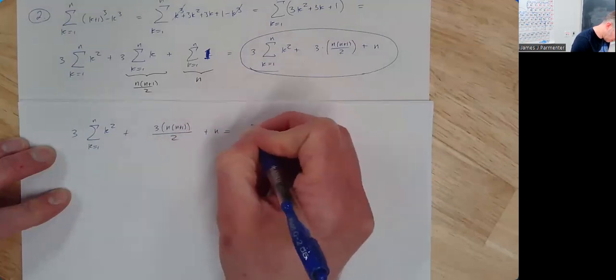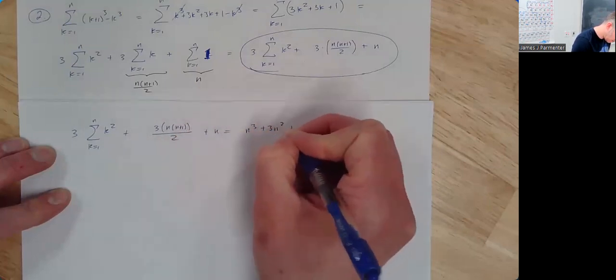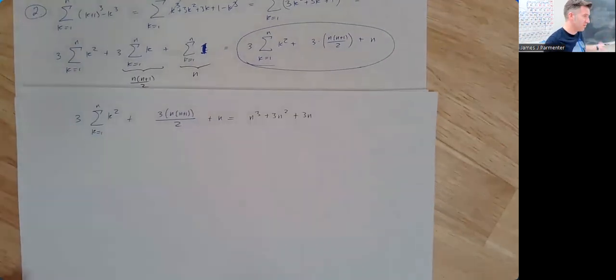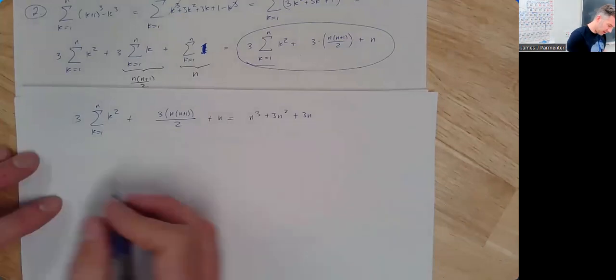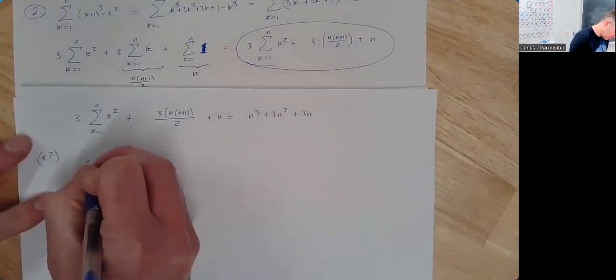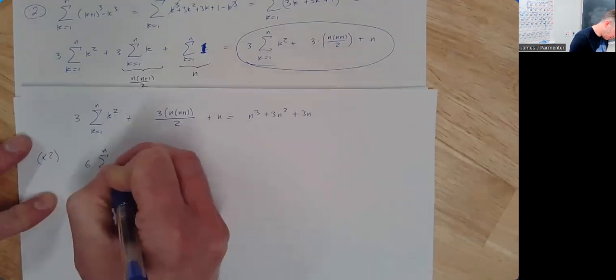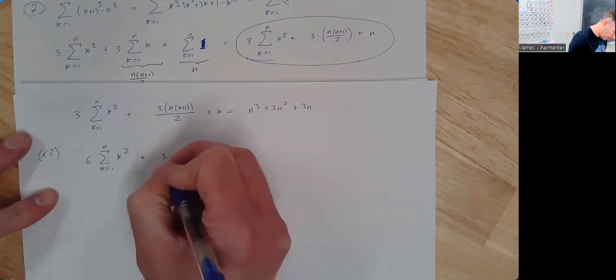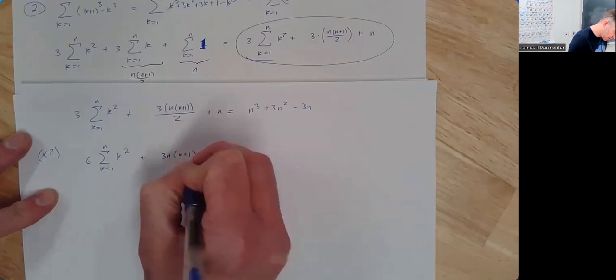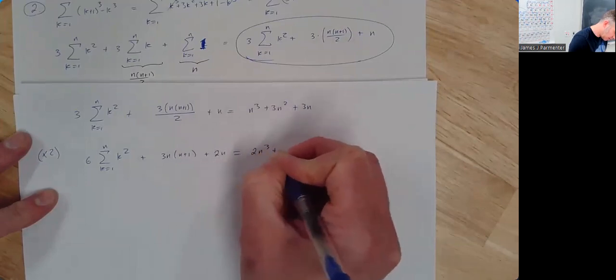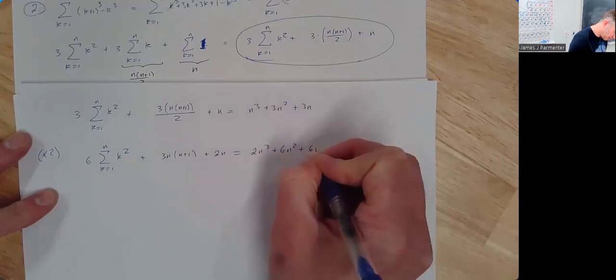equal to n cubed plus 3n squared plus 3n. And I found the easiest way to make this work is just to multiply everything by 2. So multiplying everything by 2, we're going to get 6 times the sum from k equals 1 to n of k squared plus 3 times n plus 1 plus 2n equal to 2n cubed plus 6n squared plus 6n.